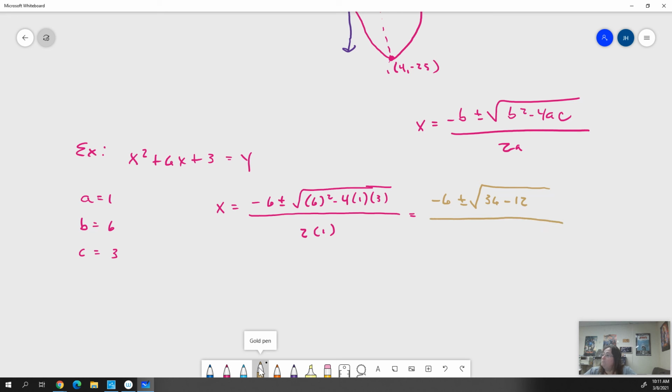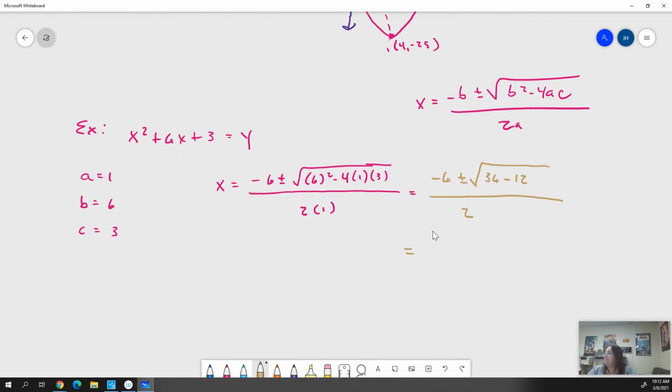I feel like this isn't going to give me pretty round answers, but I don't need pretty round answers. 36 minus 12 is going to be 24. So I have minus 6 plus or minus the square root of 24.